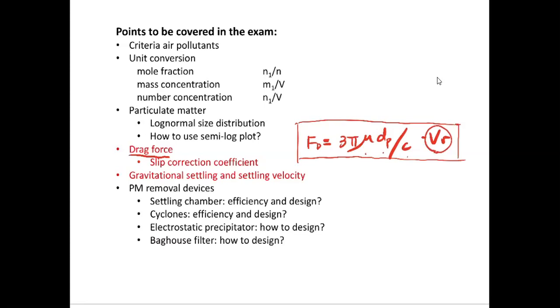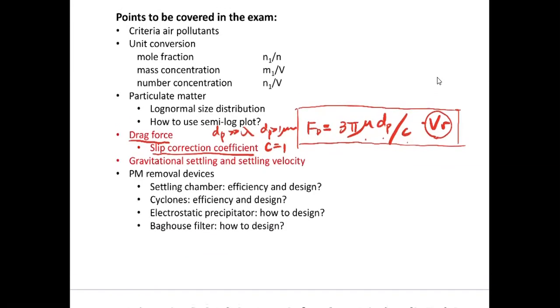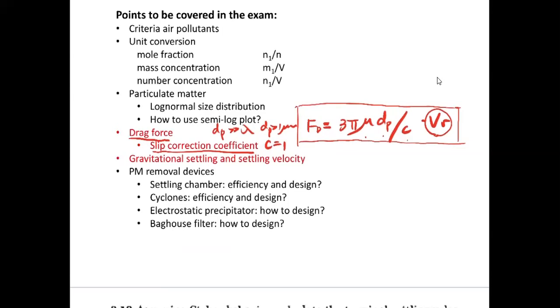For the slip correction coefficient, when the particle size is much larger than the mean free path, for example above 1 micron, then we can treat C as 1. So if the particle size is very large, mainly above 1 micron, then we can just ignore this C term here, right?